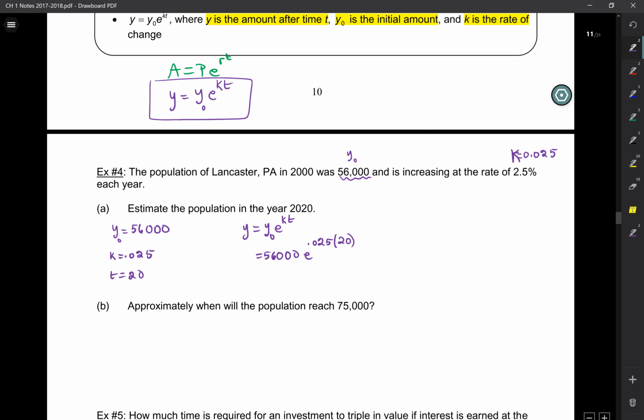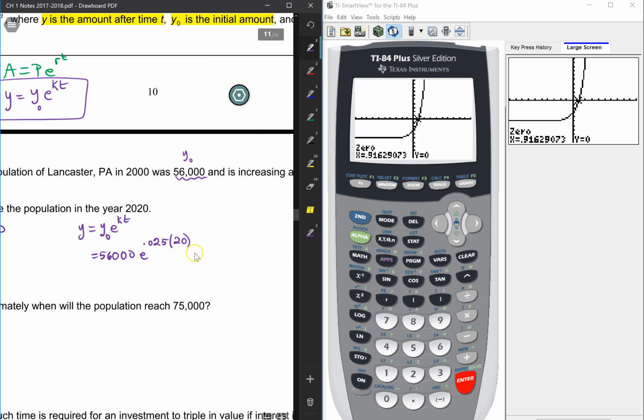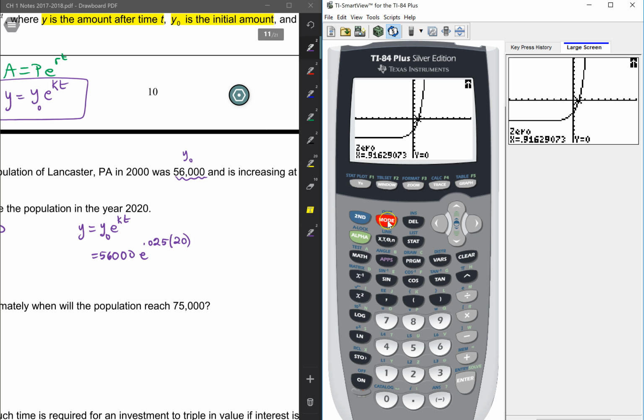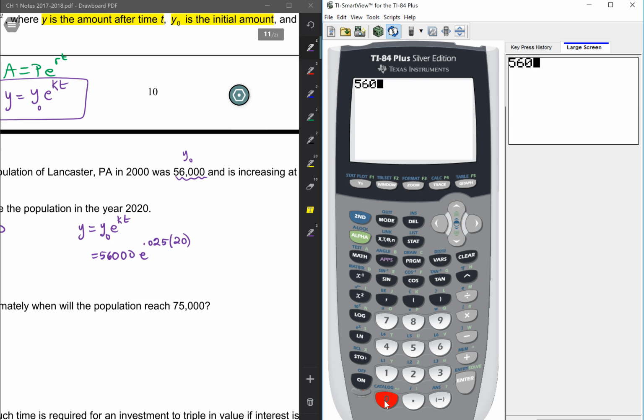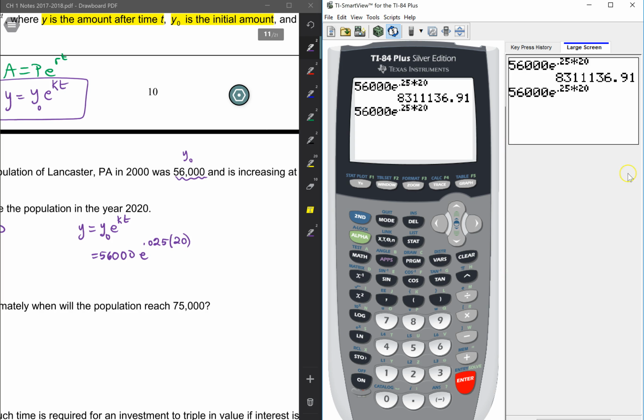Now, let's plug it in. So it's 56,000 e to the power of 0.025 times 20. Oh, sorry. We're not going to end up with logs and stuff when we do this, like ln.